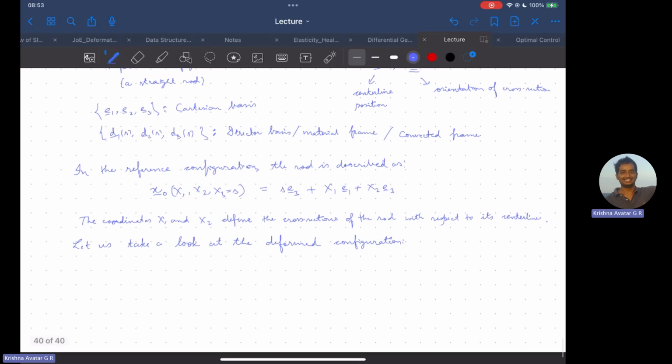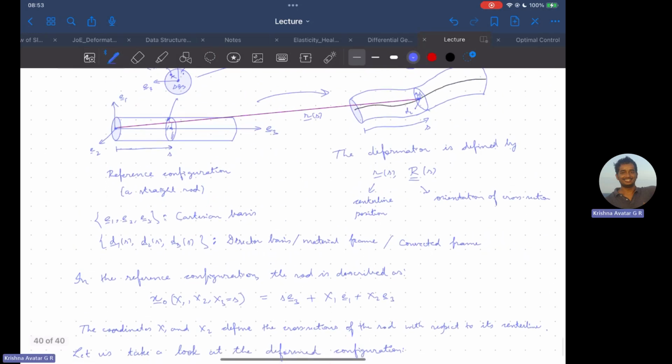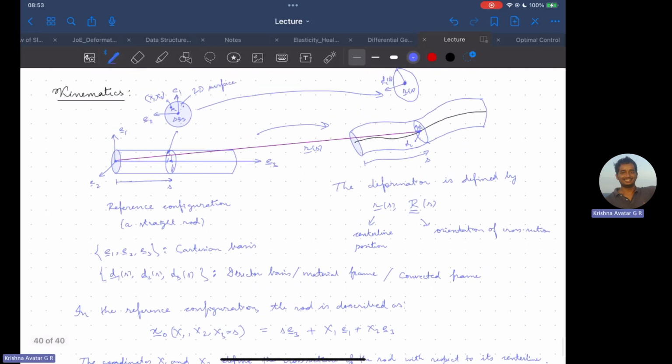Now what happens is this mapping, say we call it X vector.